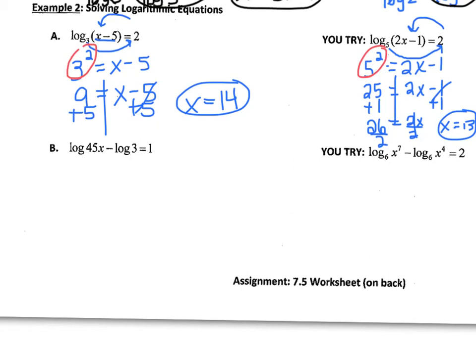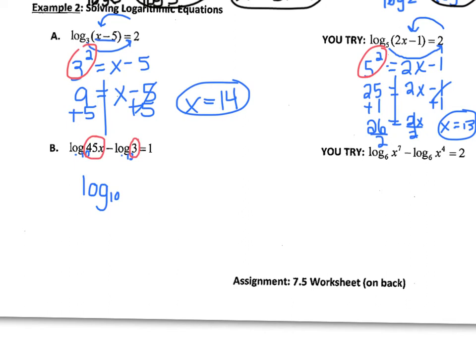All right, B, we would be able to do just like A if the logs were combined. We have logs in 2 places. So it turns out we are allowed to combine them because they're both the common log. They're both base 10. So we can write 1 log base 10, and we combine these.